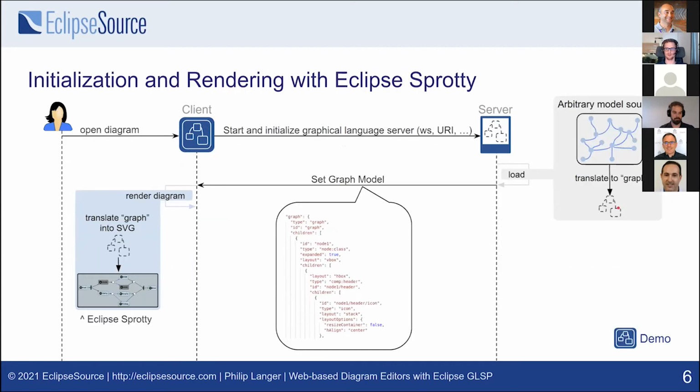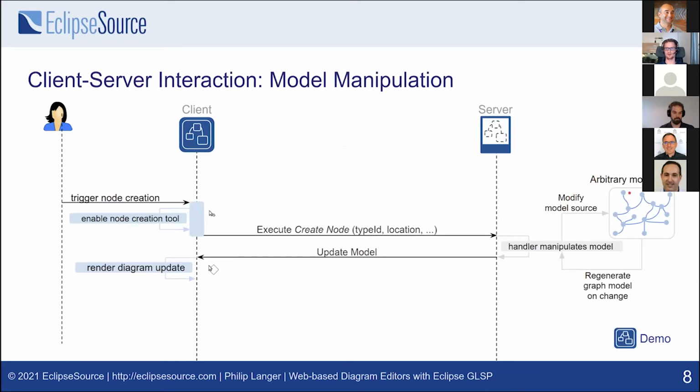That's exactly the same model source that we loaded in the first step. So it directly modifies this model source and then regenerates the graph model again and sends it to the client. This step is more or less the same as in the first step, but now instead of just plainly loading it, we modify it first and then regenerate. So let's have a look at how that looks.